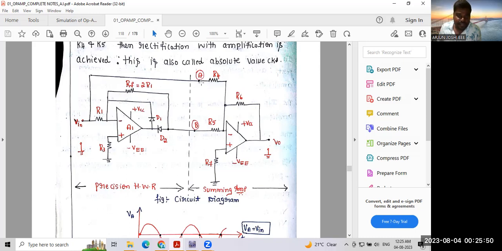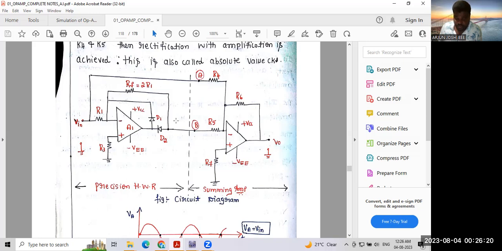What will be the voltage at A? We need to observe. At A, the output voltage is Vin only. VA is equal to Vin only. VB is equal to minus 2 Vin. How do we know? The gain equation: A is equal to minus RF divided by R1. RF is nothing but 2R1. 2R1 divided by R1 is nothing but 2. We need to substitute in V0 is equal to A Vin.